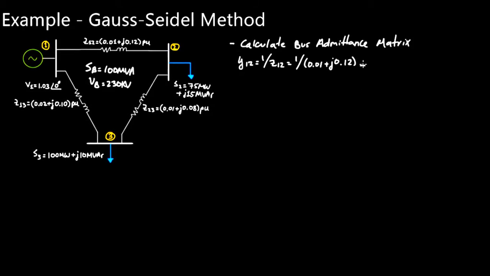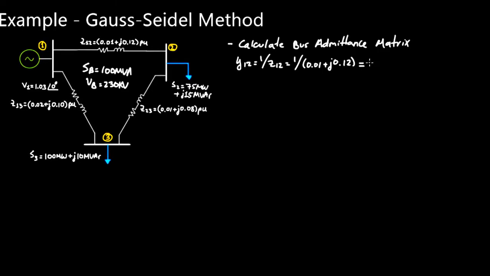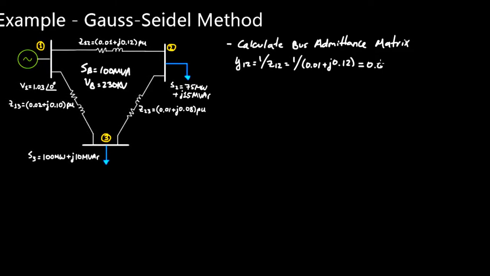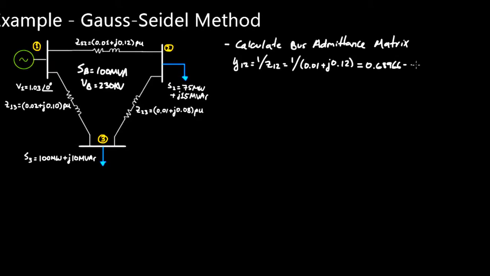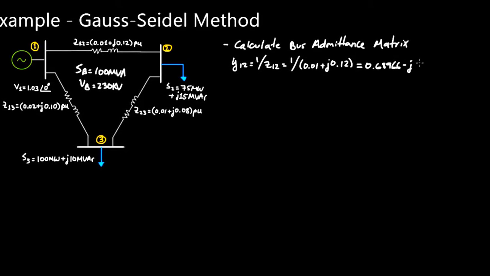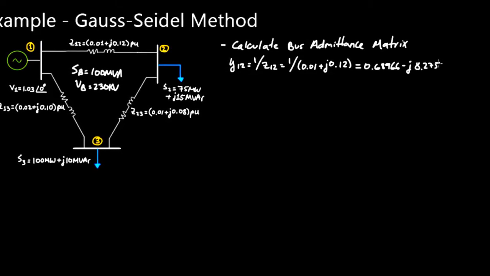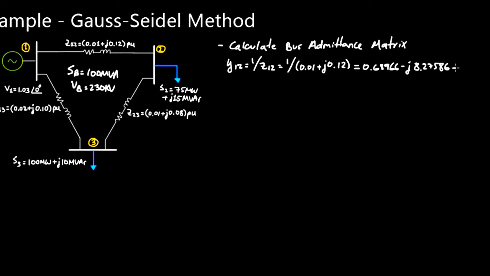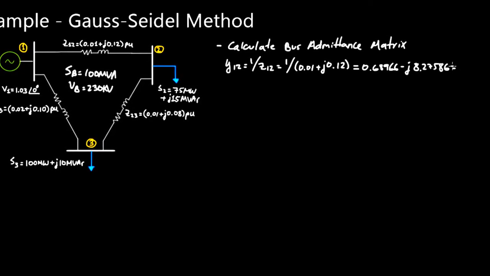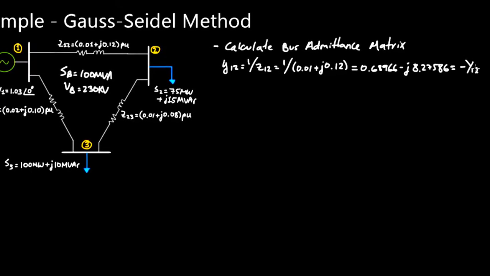So if we calculate this, we will get that the admittance y12 is equal to 0.68966 minus j8.27586. And this of course is also equal to minus uppercase Y12.